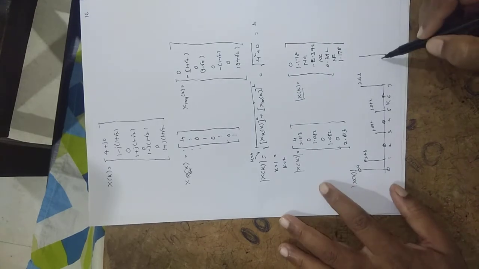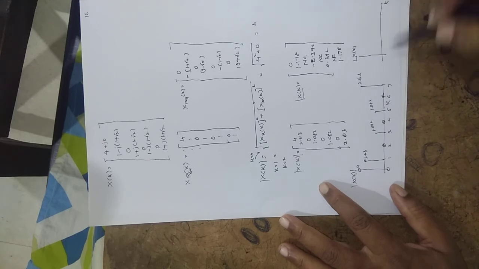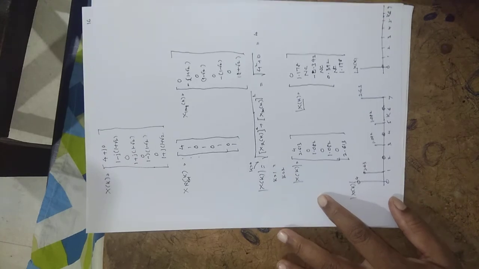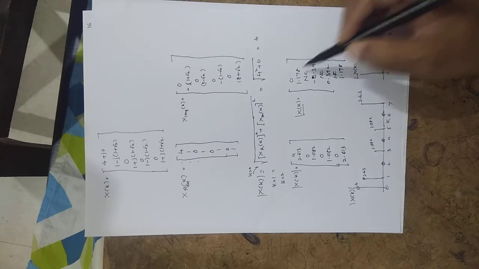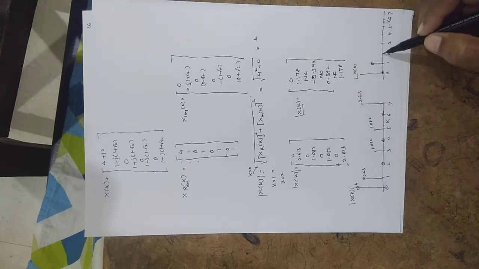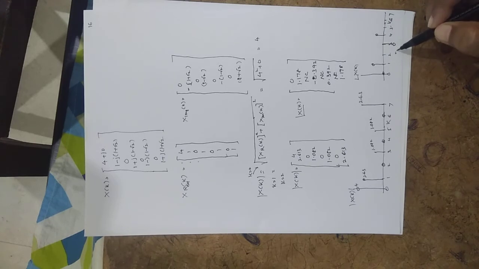Similarly, the phase also you can plot. Once again, this is k, 0, 1, 2, 3, 4, 5, 6, and 7. Accordingly, you write the first one as 0, next one is 1.178, next is not calculated. This is minus 0.392, this is plus 0.392.